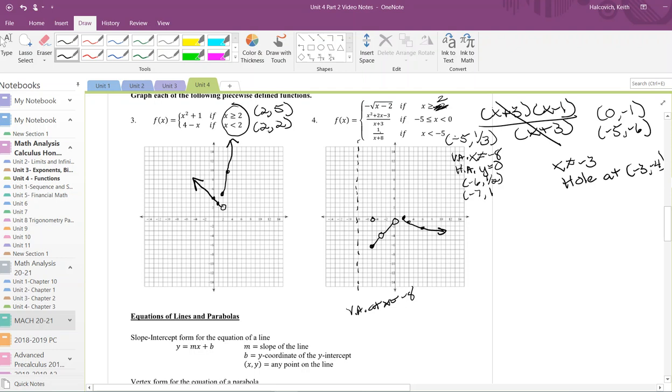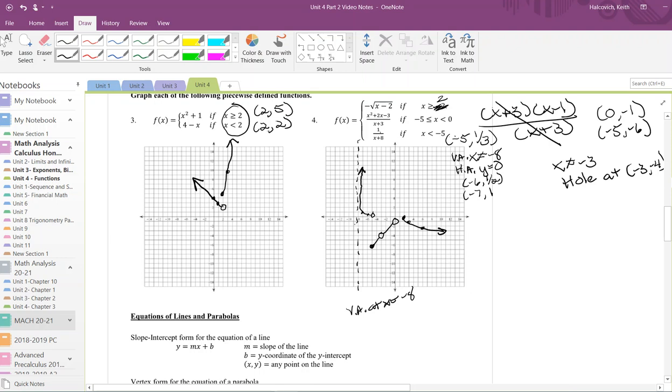So, I put that in the wrong spot because it's positive 1/3. So it's got to go above here, and then 1/2 for -6, and then 1 for -7.